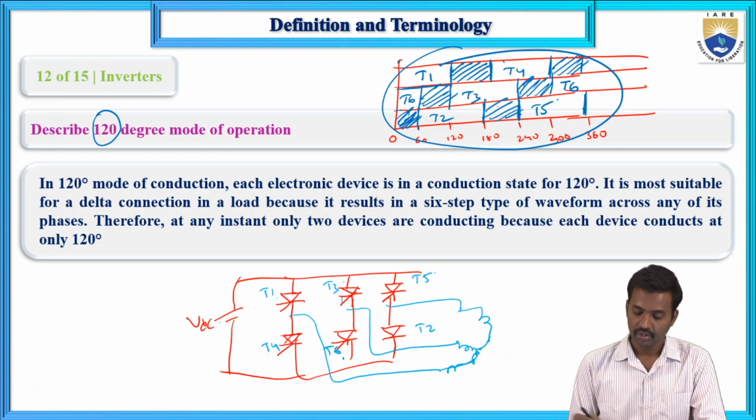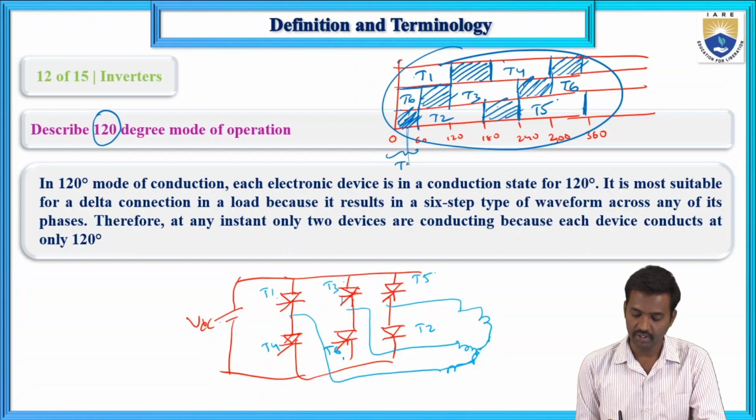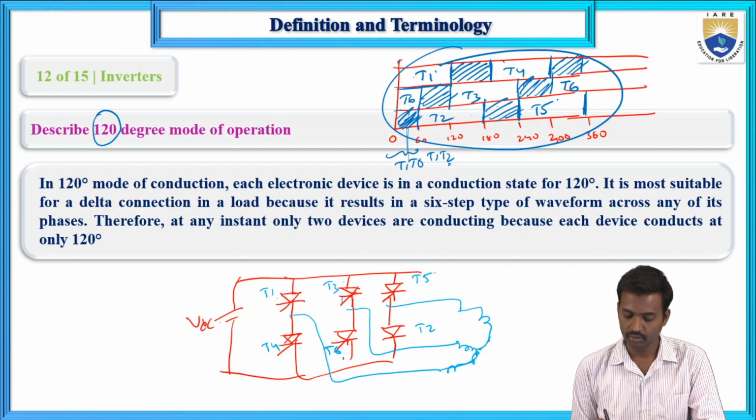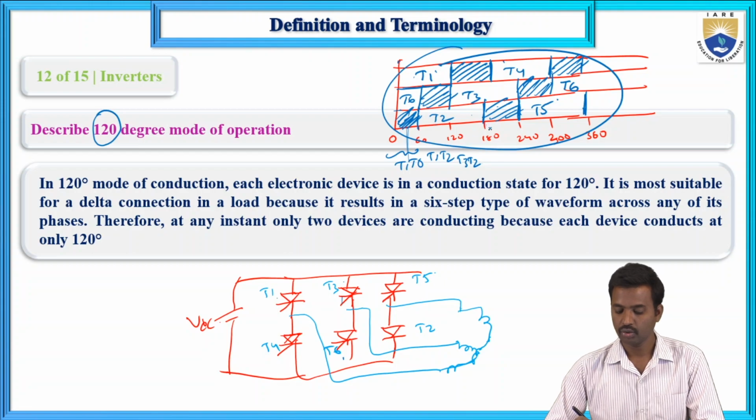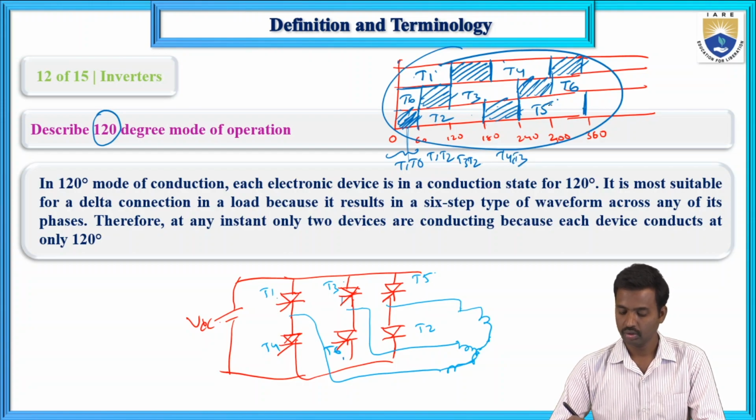So now here at a time only two thyristors will conduct. T1 and T6 between 0 and 60, T1 and T2 between 60 and 120, 120 to 180 T3 and T2, next 180 to 240 T4 and T3, next 240 to 300 T5 and T4, next 300 to 360 T5 and T6.